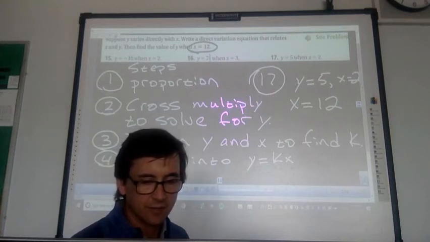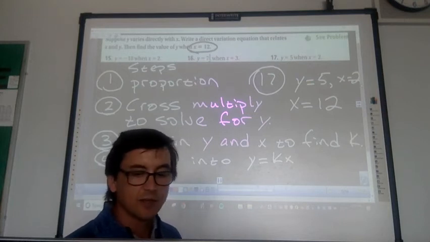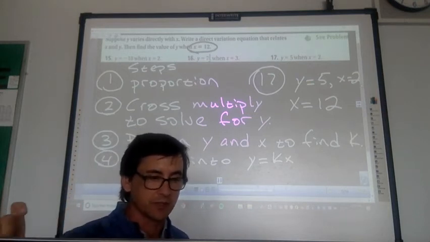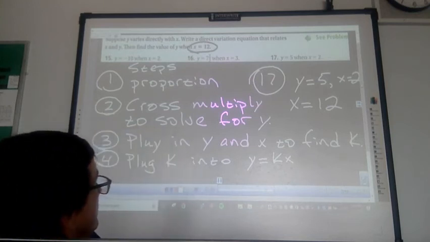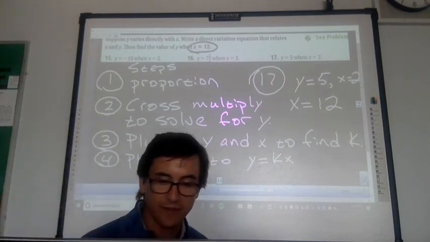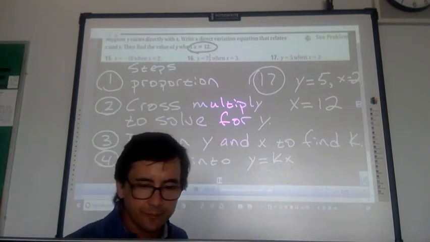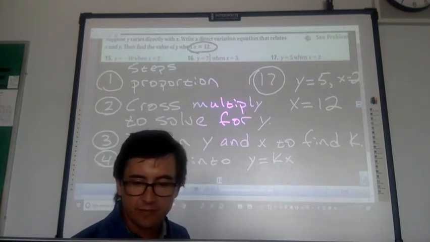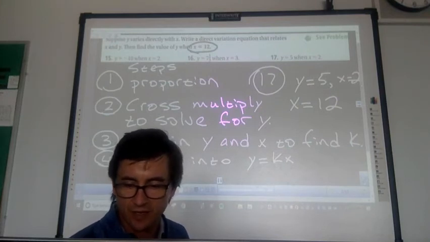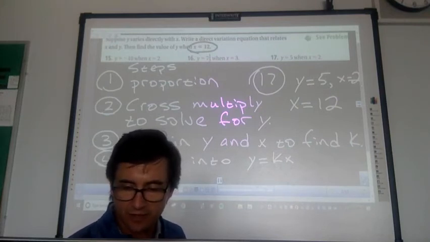X. They give you that second x. Oh, 12. Yeah. So 5 over 2 equals y over 12. 5 over 2 equals y over 12. Cross multiply. Okay? We'll see if you guys get it. Best of luck.